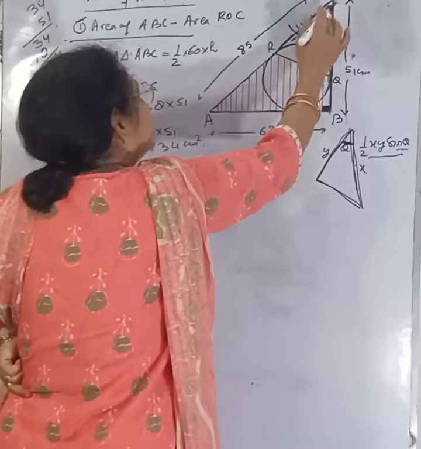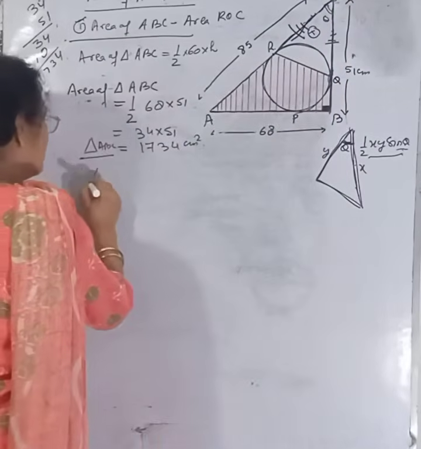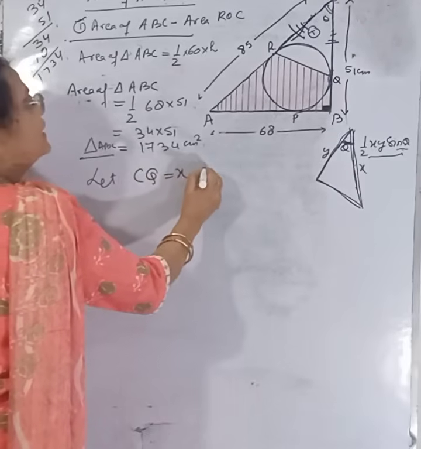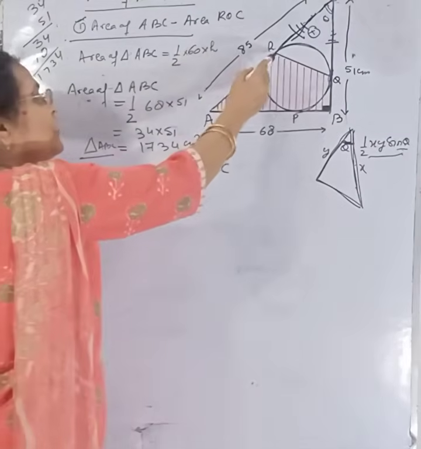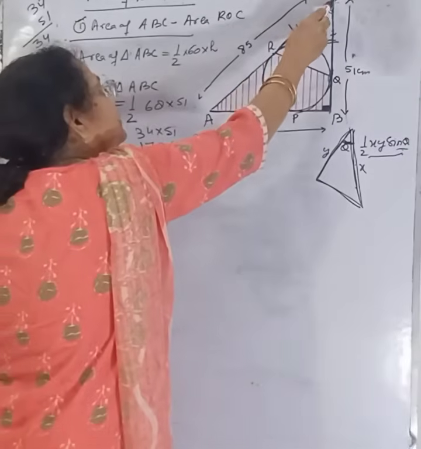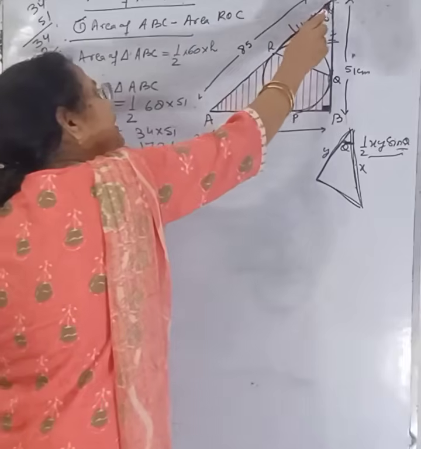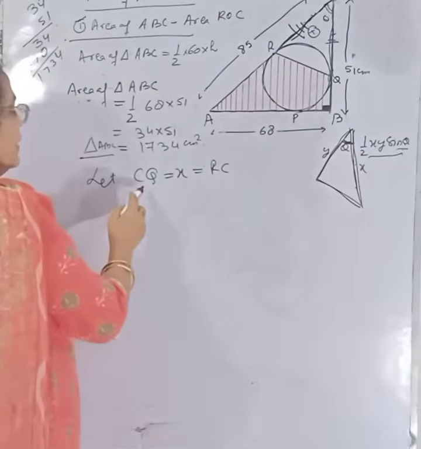If this is x, it means this will be x. Let us suppose CQ is equal to x, then it is equal to RC, because C is the external point from where we are drawing two tangents on the circle. These are the two tangents from the external point C on the circle. They will be equal, it means x.